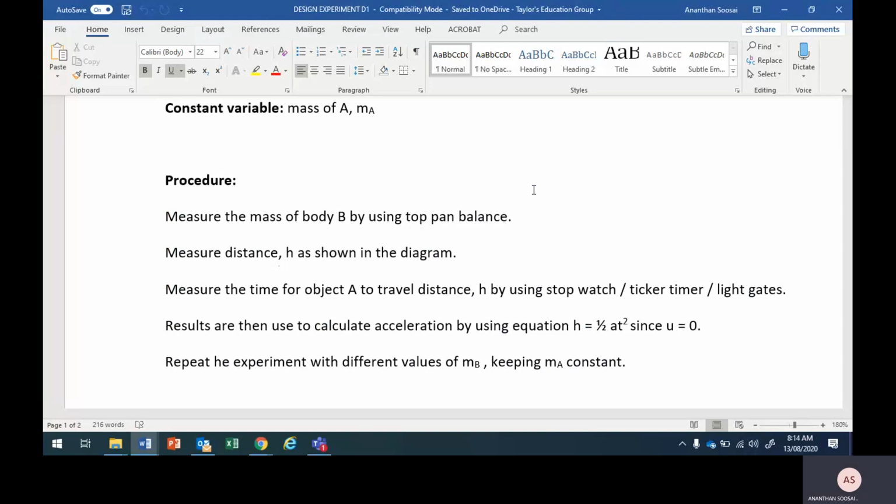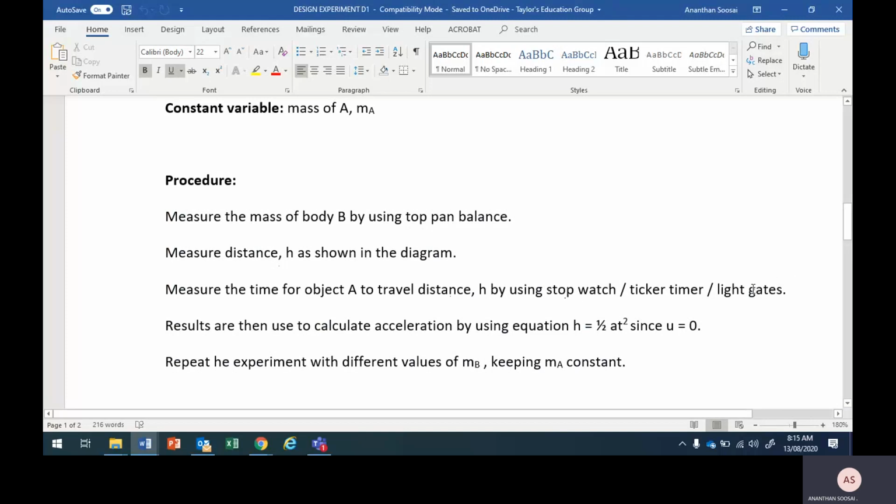So measure the mass of the body P using a top pan balance. Yes, top pan balance, 1 mark. Measure distance h shown in the diagram, no mark yet, because the ruler is not stated. Measure the time for the object to travel h using a stopwatch. Yes, 1 mark.